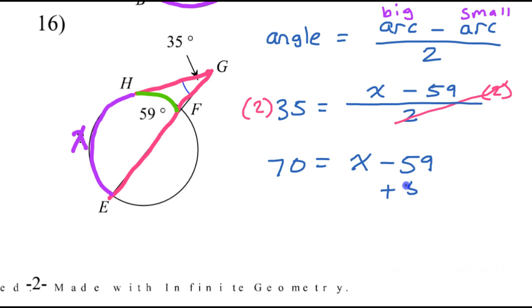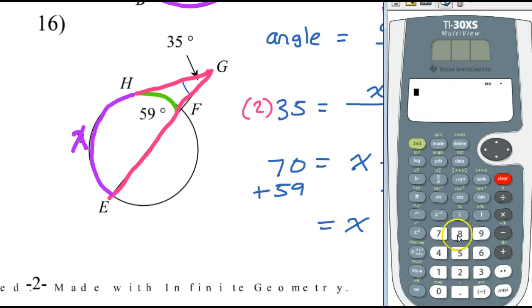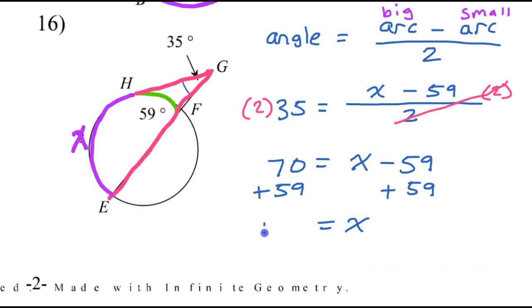And then I'm going to add 59 to both sides. Okay, so that's 129. And that's degrees, because that's an arc.